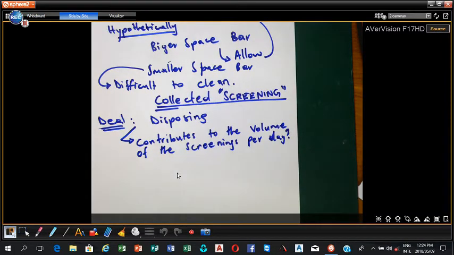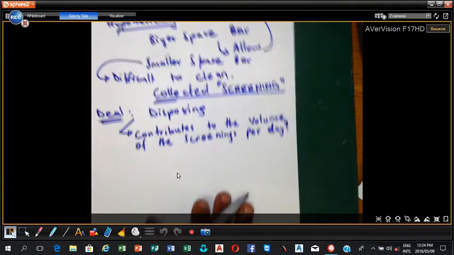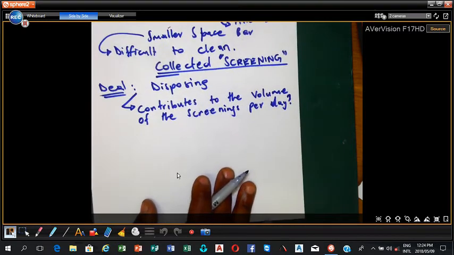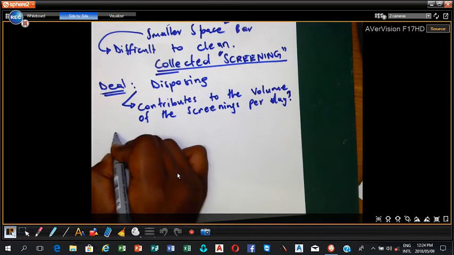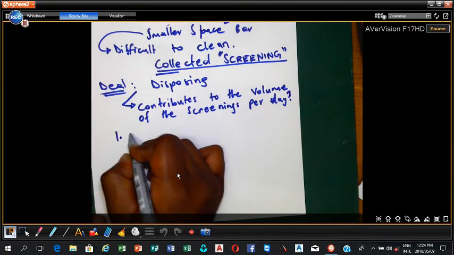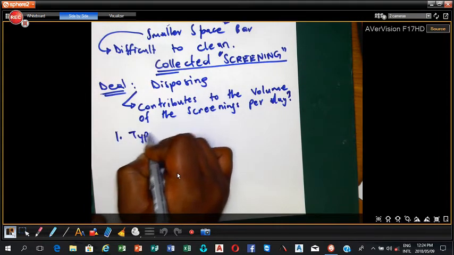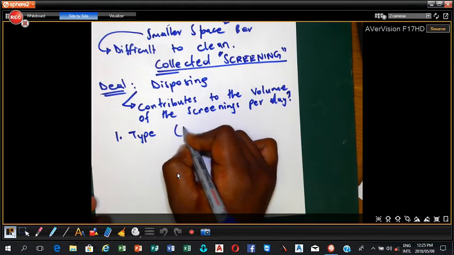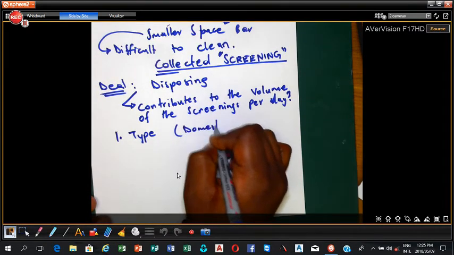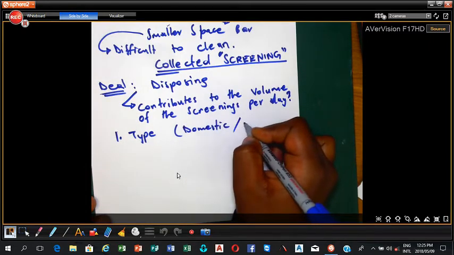Now, this question is trying to understand if a learner knows what really matters as far as the volume of the screenings. One would say the type of sewage matters, in the form of domestic as opposed to industrial.